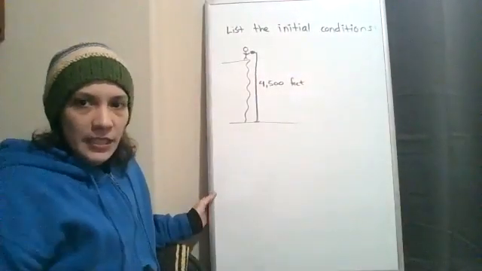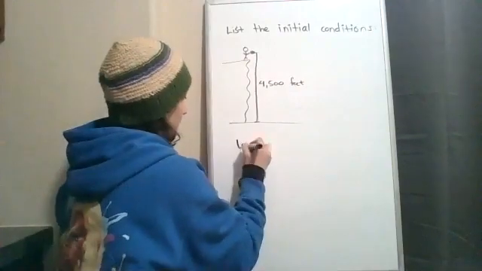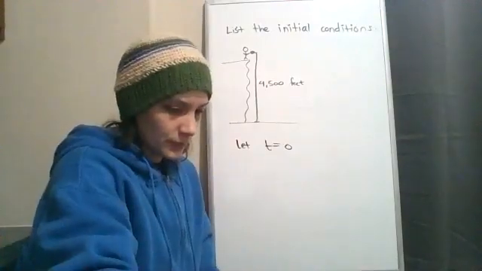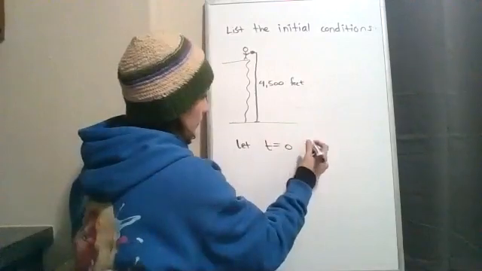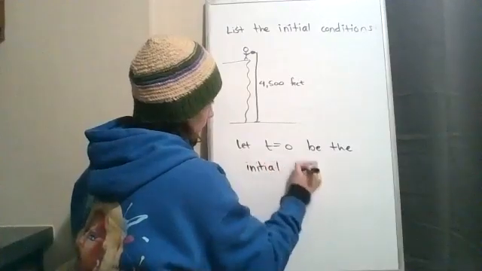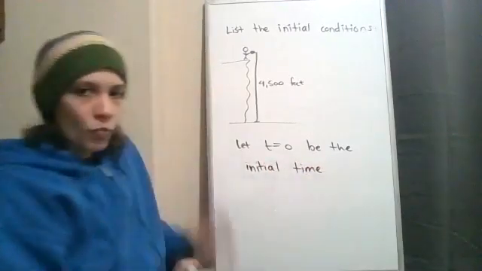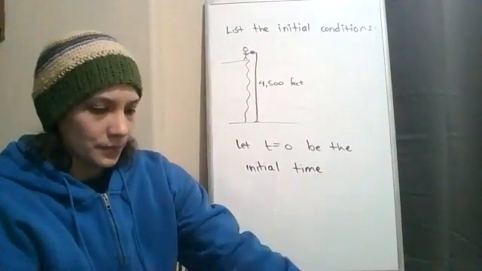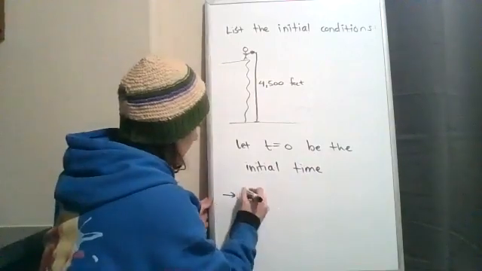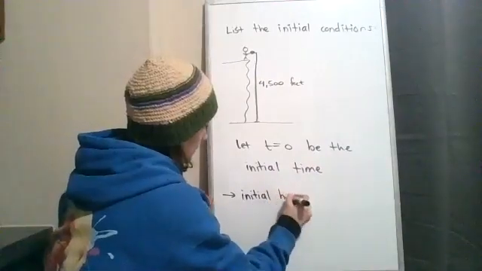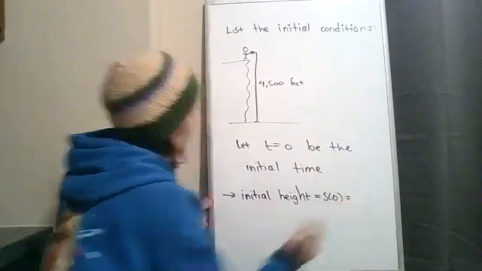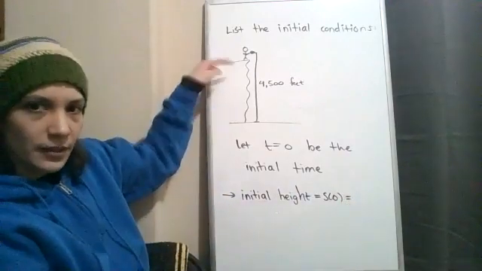Okay, I put t equal to 0 as the initial time. The initial height will be s of 0, and it starts at a height of 4,500 feet.